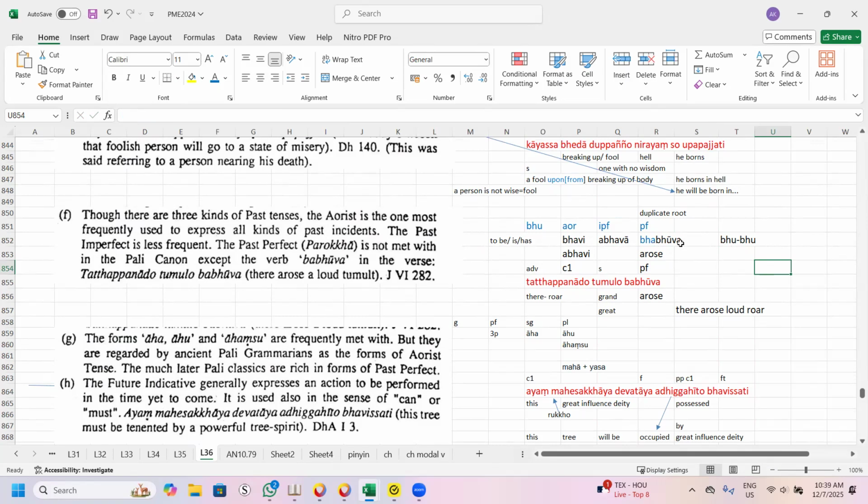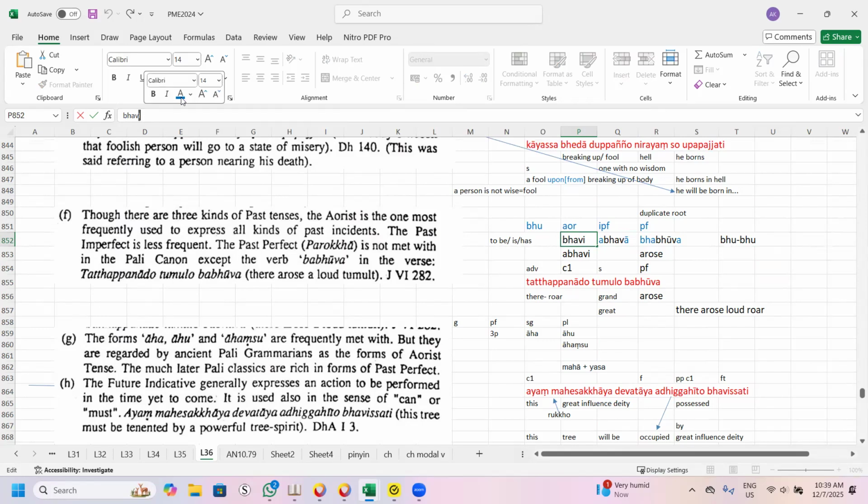This is the ending, the ending is a. For the imperfect, you have this in front and this as your termination, and then the R in front plus the ending. This is how it looks. So these are the three past tenses.